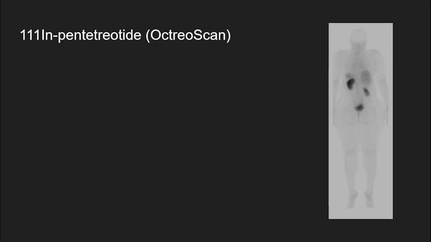The next radiotracer is 111 indium pentetreotide, or Octreoscan. This is a radionuclide linked to a somatostatin receptor binding analog, namely pentetreotide. The indium-111 radionuclide has a half-life of 67 hours.